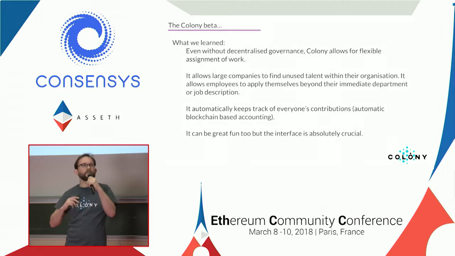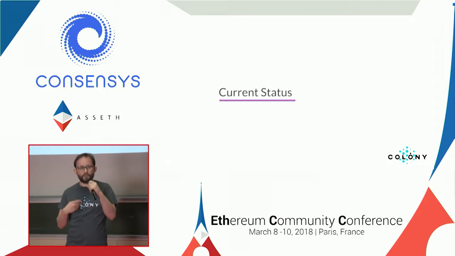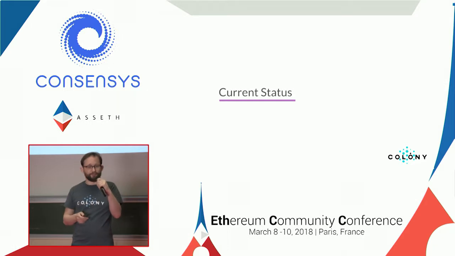So this flexibility was valued on both sides, and that was a good thing. Nice to learn. Not what I immediately thought as the first use case of Colony, but there you have it.